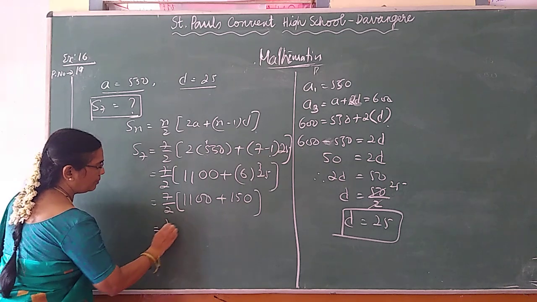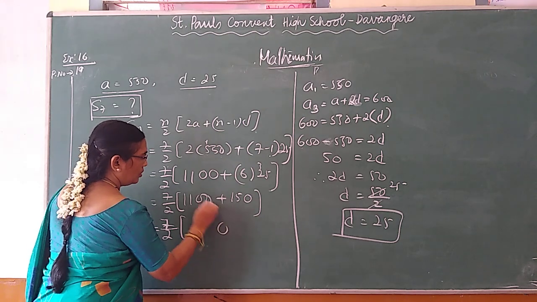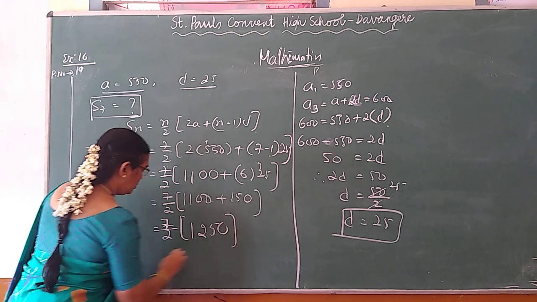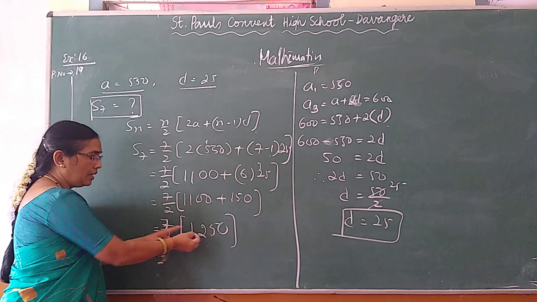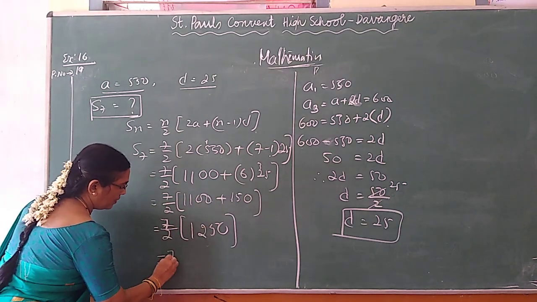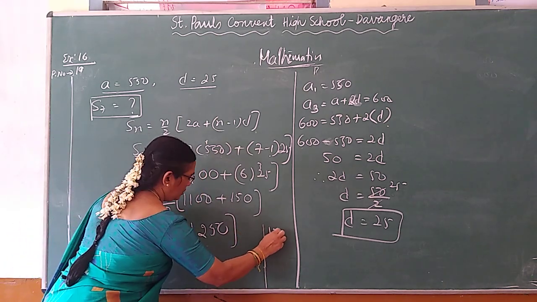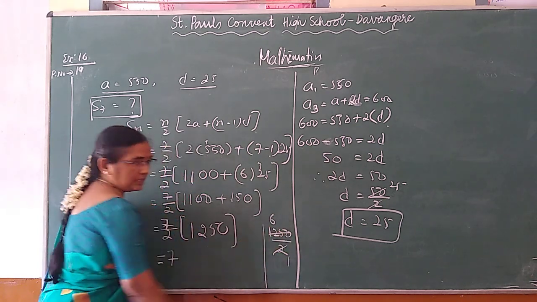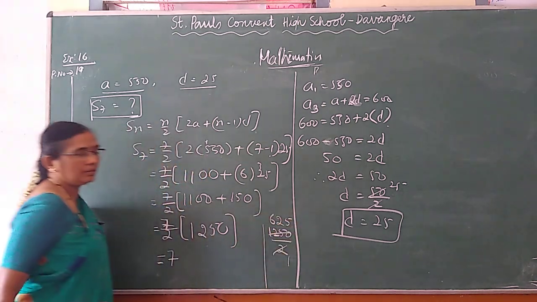So multiply this. 2 5s are 10, carry 1, 2 5s are 10, 1 is 11, 1100. Plus 6 into 25. Okay, it is an odd number, no need to divide it, you keep as it is. Then simplify the numbers which are in the bracket. So 6 5s are 30, carry 3, 6 2s are 12, 12 plus 3 is 15, so 150. So add it, 7 by 2 into 1250. You should know if it is an odd number, always it becomes an even number because you can divide it very easily. So 1250 divided by 2 is 625.